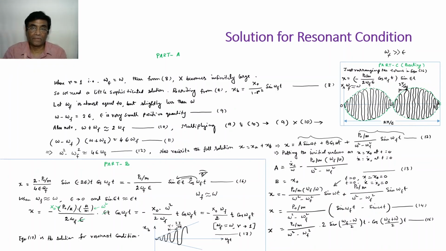If omega f is very near to omega, resonance. If not very near but within the vicinity of omega, beating will happen, and the nature of the oscillation will be like this.